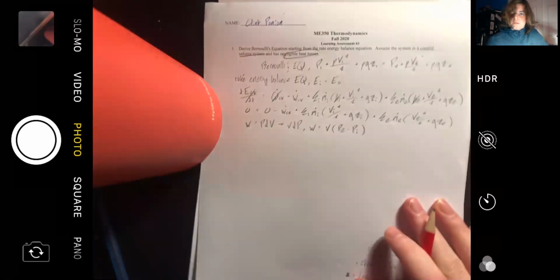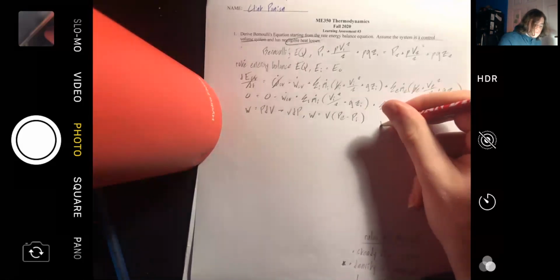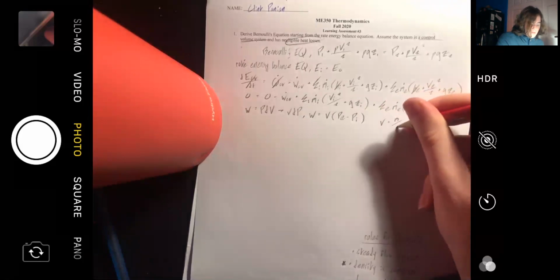Now, another standard assumption for Bernoulli's is that density is constant. We're going to bring density into the formula by working with the volume. We're going to write volume in terms of mass over density.